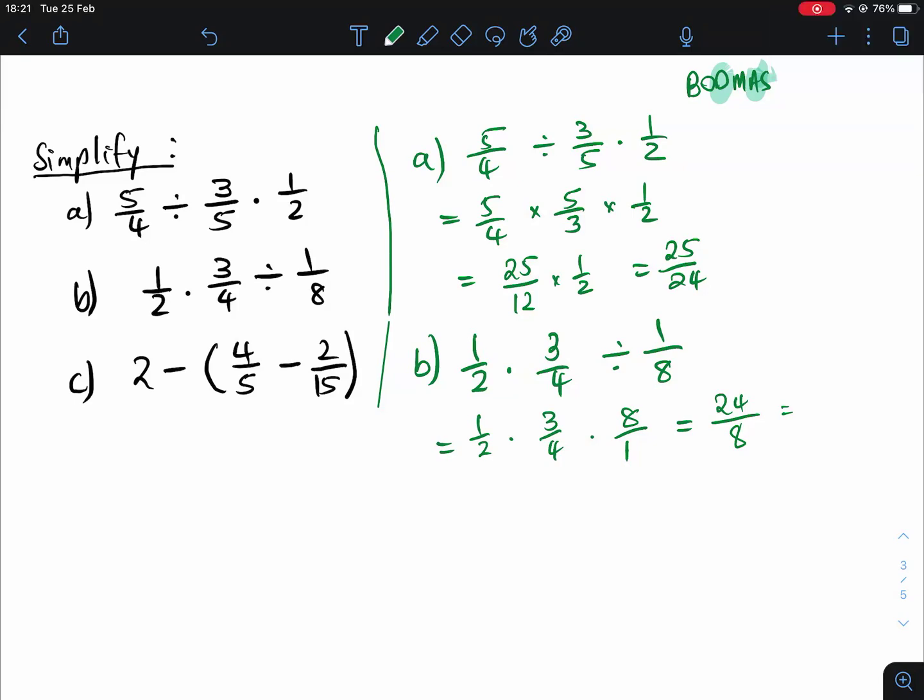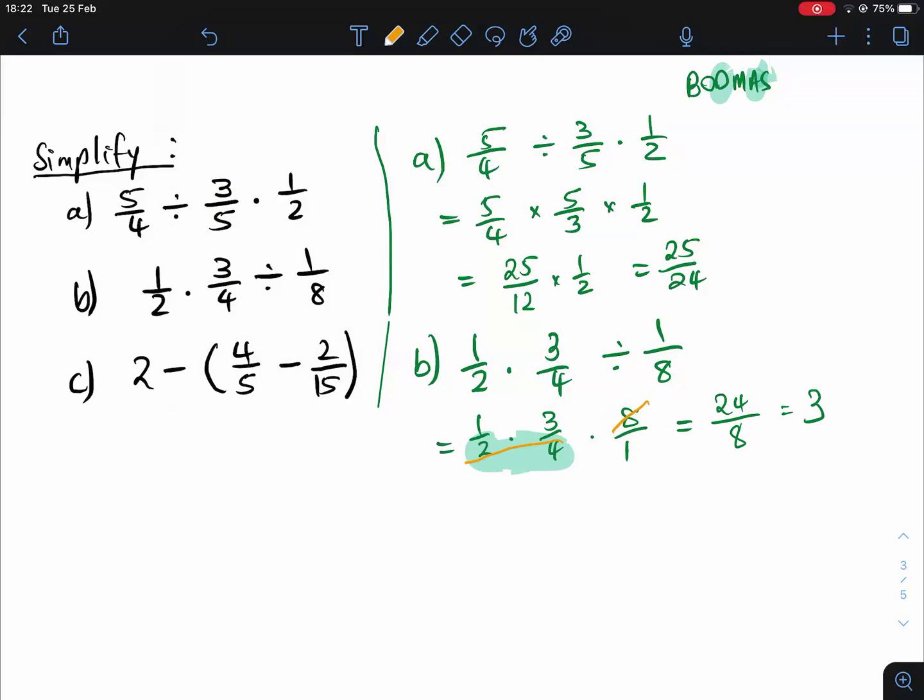If you divide it by 8, it's 3. I wanted to divide it by 4. What you must be able to recognize is what is the product of these two. 2 times 4 is 8. Then 8 cancels. Then we're left with 3 times 1 over 1, which is 3.